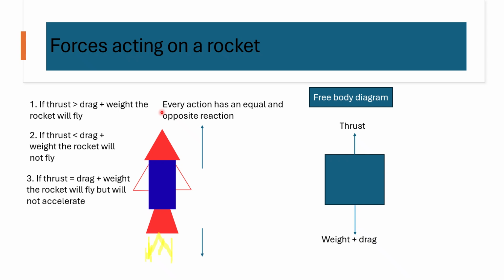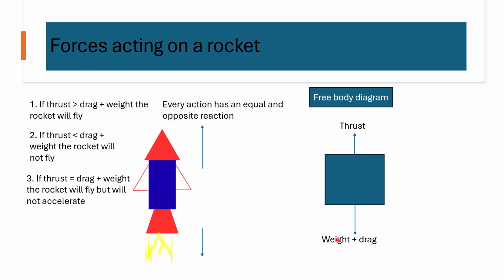According to Newton's third law, every action has an equal and opposite reaction. The thrust is going down, so the rocket is going to go up.